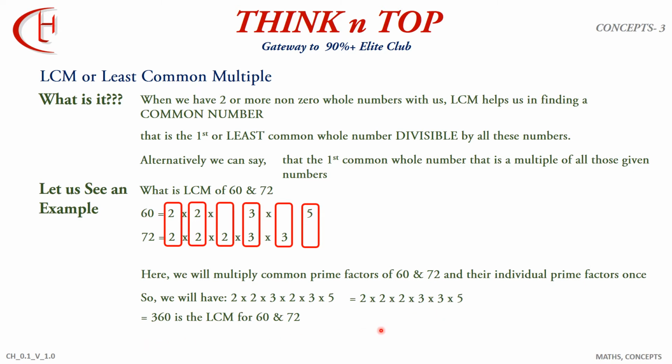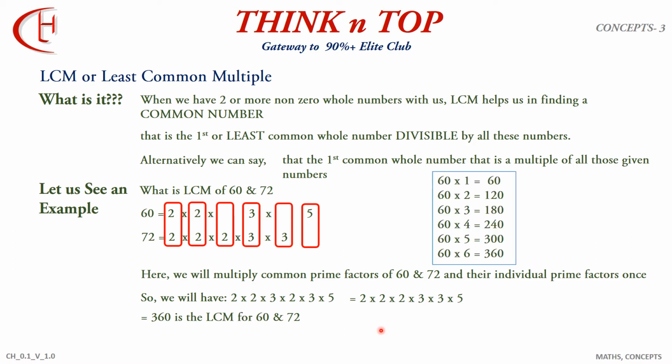The other method is to look at the tables of both the numbers. Like 60, this is the table, and 72, this is the table. We have made the tables till 360 because we just want to stay focused on the LCM. 360 comes at the 6th number for the 60 table, and for 72 it comes at 5.